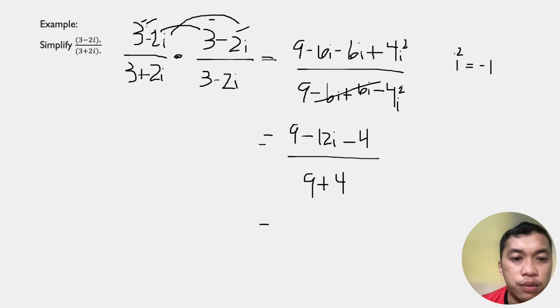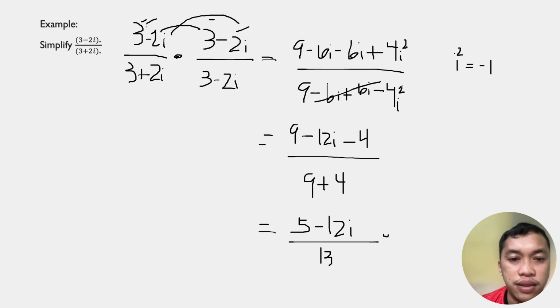Perform the indicated operation. In the numerator, 9 minus 4 is 5, minus 12i, all over 9 plus 4, which is 13.